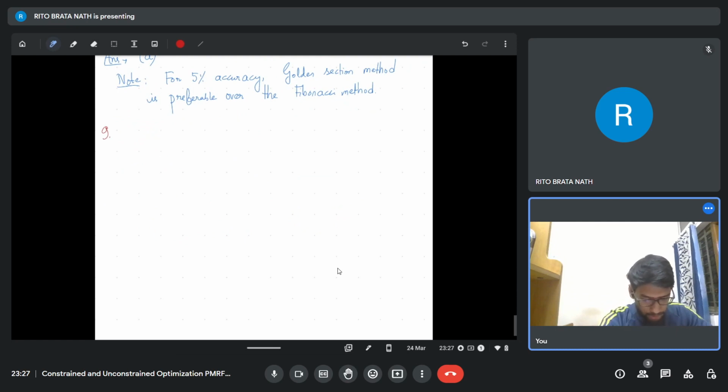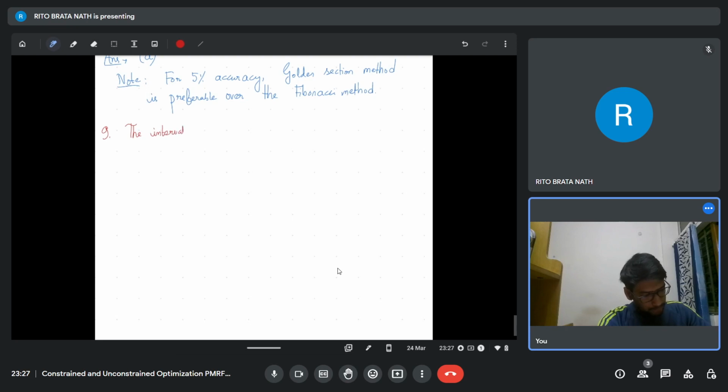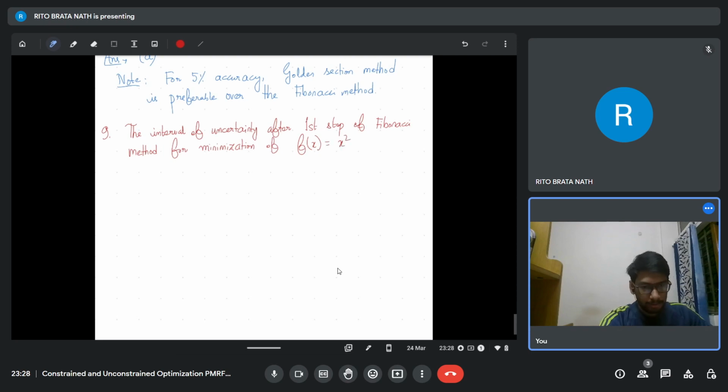The ninth problem tells you the interval of uncertainty after the first step of the Fibonacci method for minimization of f(x) equals x square minus 3x plus 2.